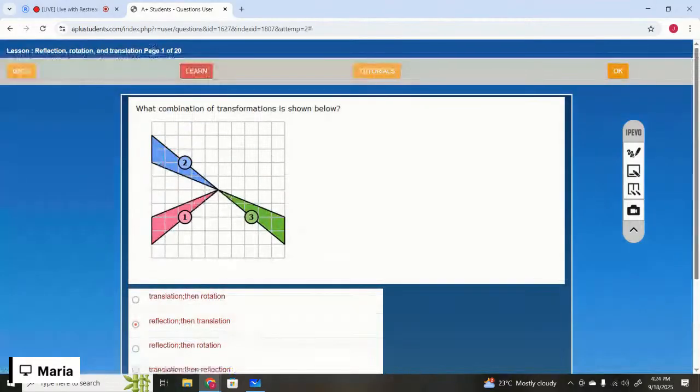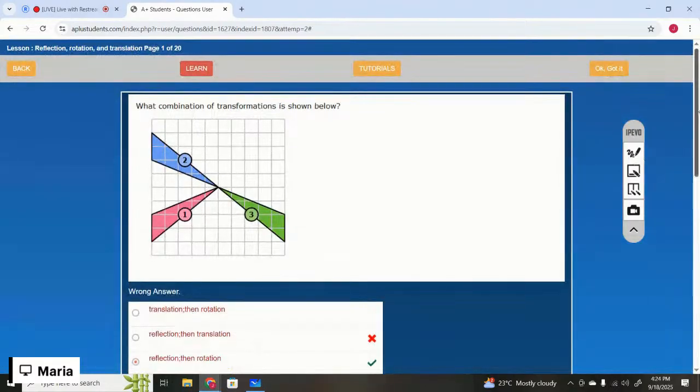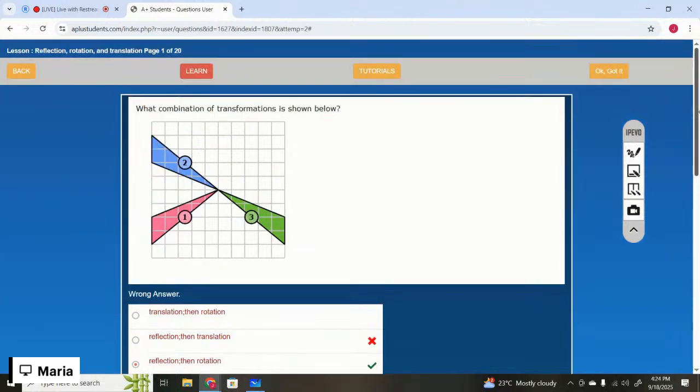But I think rotation it is. See rotation, how? Just this point is exactly the common. All the other 2 points are moved, but this point is still common. Then 3 is the rotation of 2. Rotation it is. Reflection and then rotation. Okay, move on to the next one.